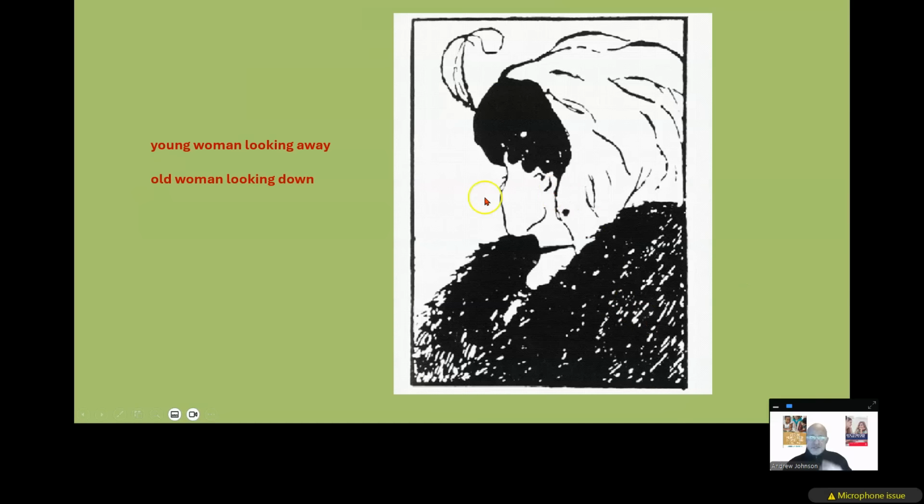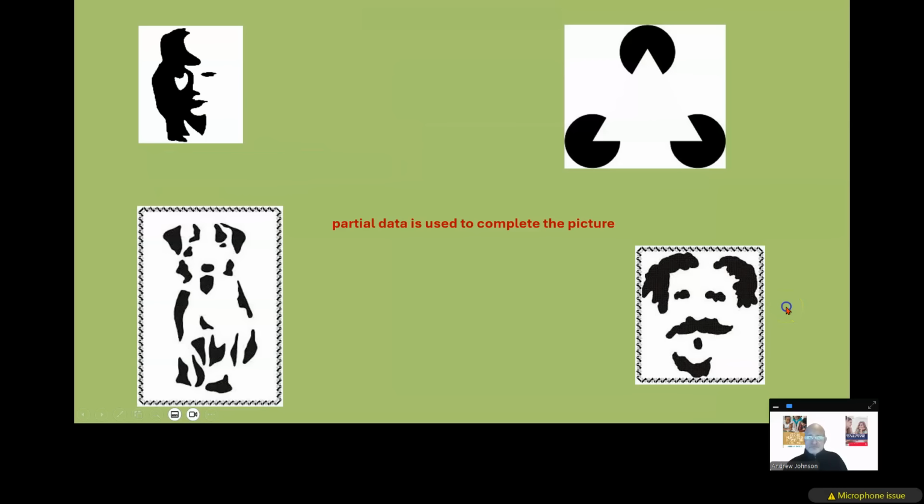We see either a young woman looking away or an older woman looking down. Our partial data is used to complete the picture. We see a triangle here, but it's 3 Pac-Man faces looking at each other. Groucho Marx, a dog, a guy playing the saxophone or wearing a hat.